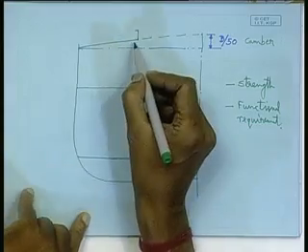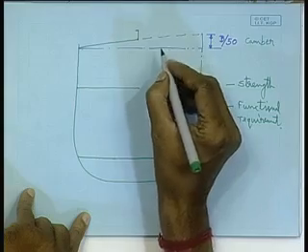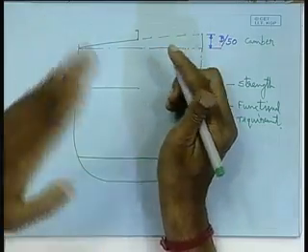Now, when it is a general cargo ship, generally it has at least one lower deck. So, you draw one lower deck, and whenever these decks are there is a hatch opening. The moment there is a hatch opening, you have a hatch side girder. So, you draw a hatch side girder.